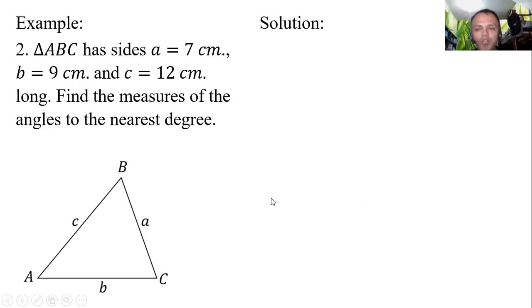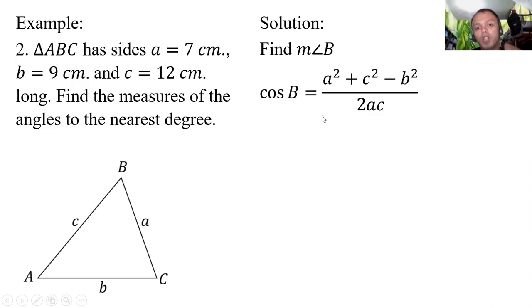Next, we found the measure of angle A, now the measure of angle B. To find the measure of angle B, this is our formula: A squared plus C squared minus B squared over 2AC. Now, your A here is 7, your C is 12, sorry, your B is 9.